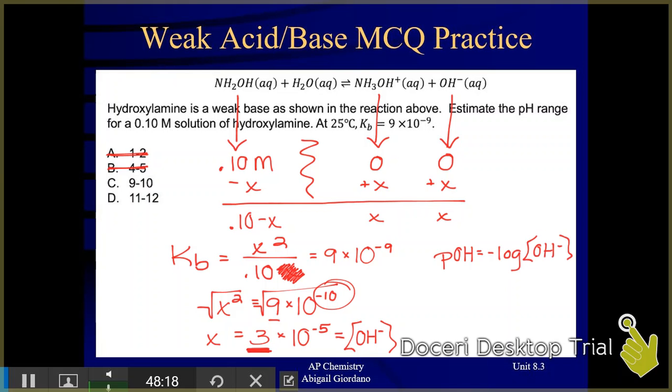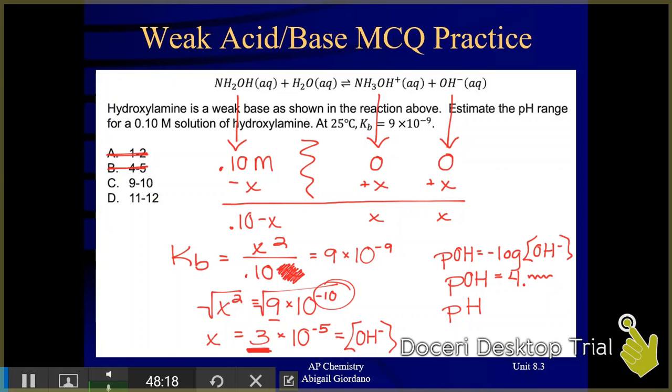If this first term was 1, so if x was 1 times 10 to the negative 5th, taking the negative log, I would get a pOH of exactly 5. But it's not 1 times 10 to the negative 5th, it's a little bit higher. So I know that my pOH is going to be a little bit below 5. It's going to be 4 point something.